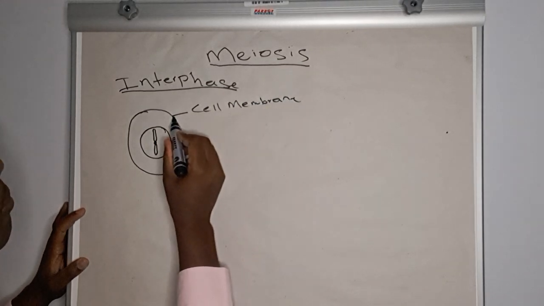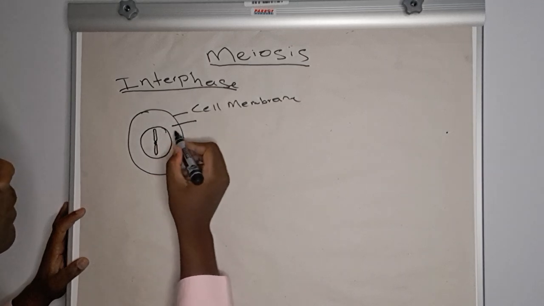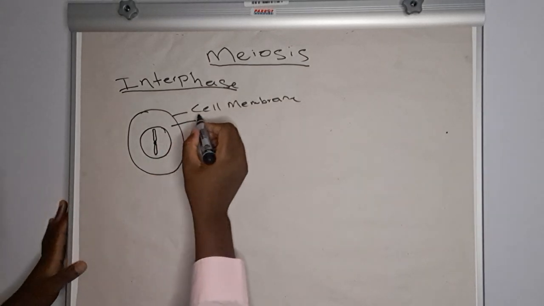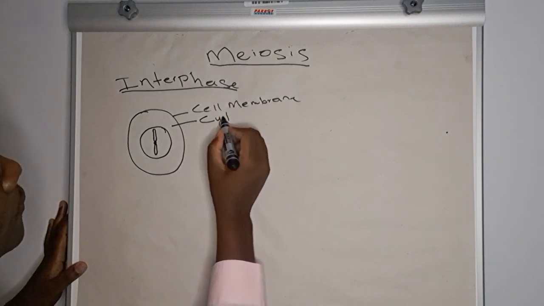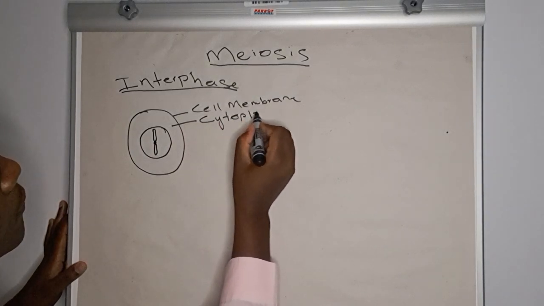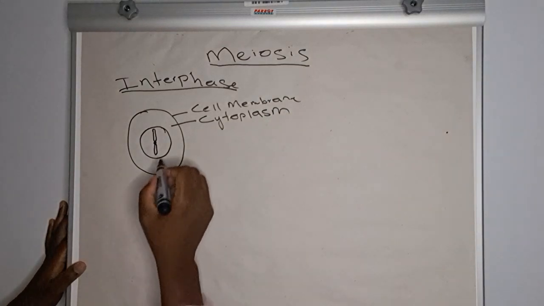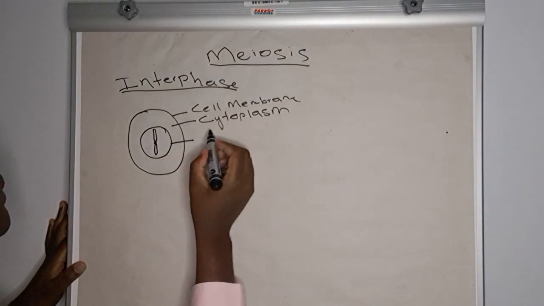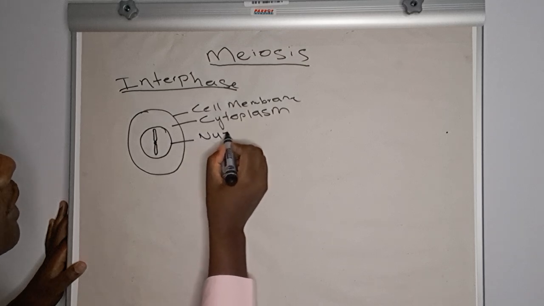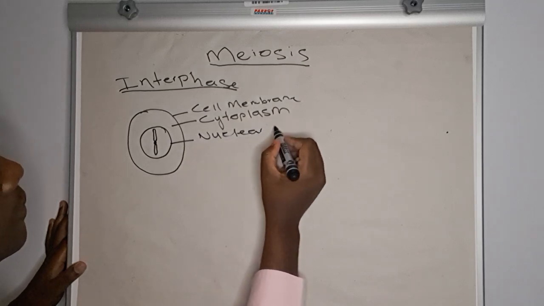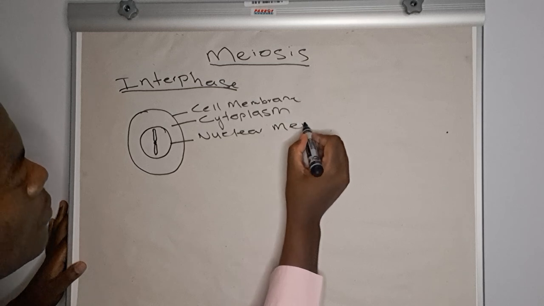Inside here, between this space and that space, is a cytoplasm. This particular layer here is a nuclear membrane.